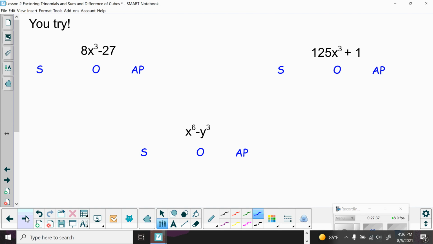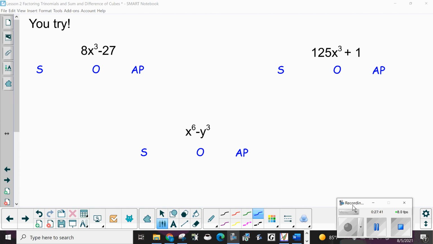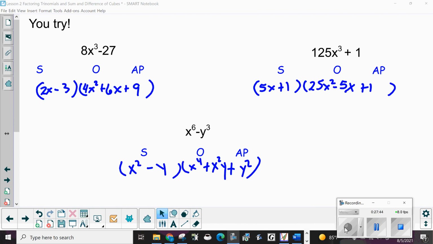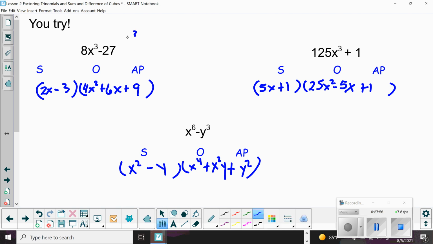Try these 3 and see how you do. Pause the video and then you can check. Okay. Notice, same, opposite, always positive, on each one of these. The cube root of 8x cubed is 2x.